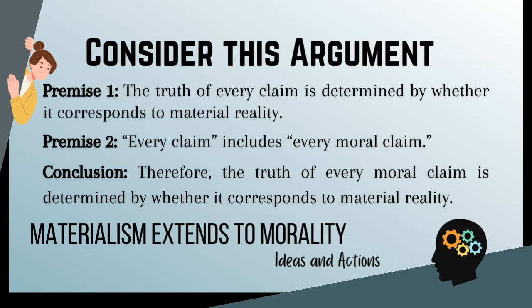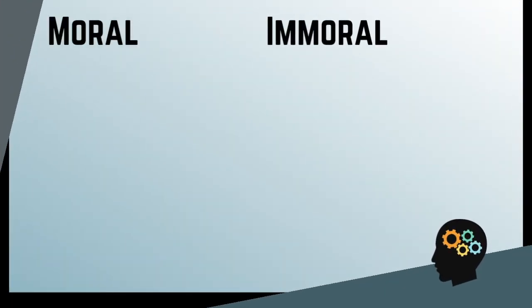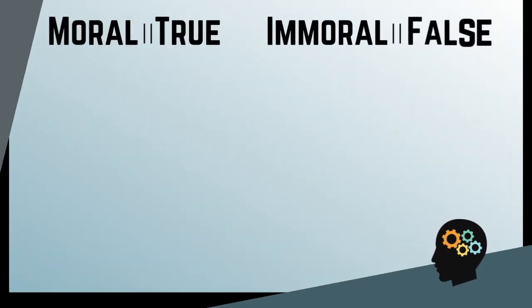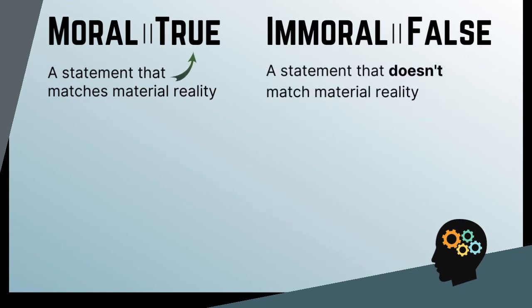The actions we choose to carry out are based on ideas that can be represented as prescriptive statements, the truth of which can be evaluated just like any other statement. The terms moral and immoral are thus parallel to truth and falsehood. When a statement matches material reality, it's true, and when it doesn't match material reality, it's false.